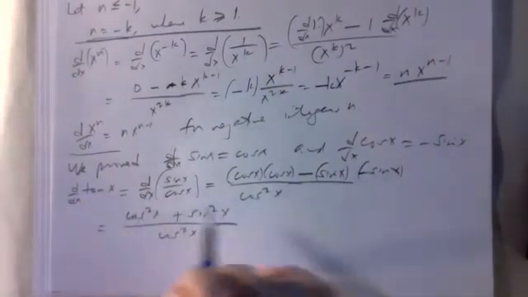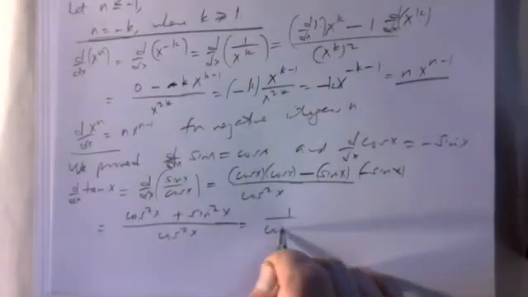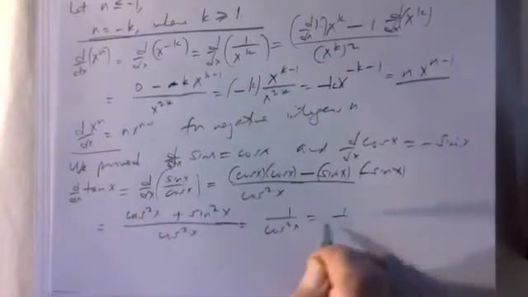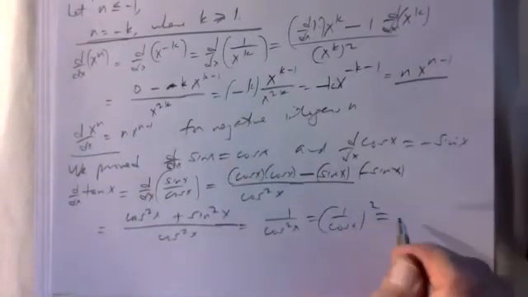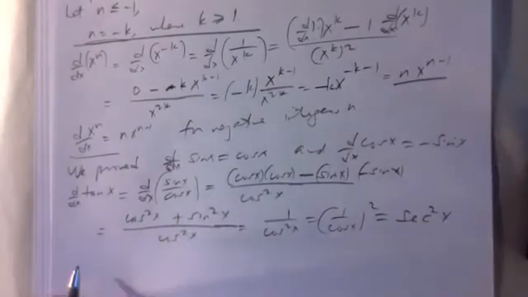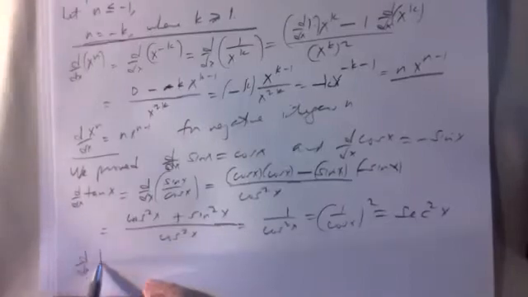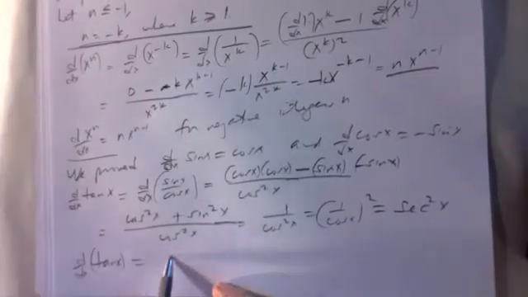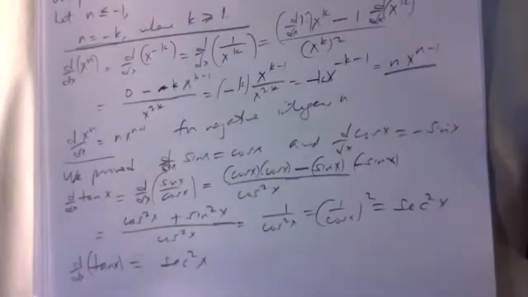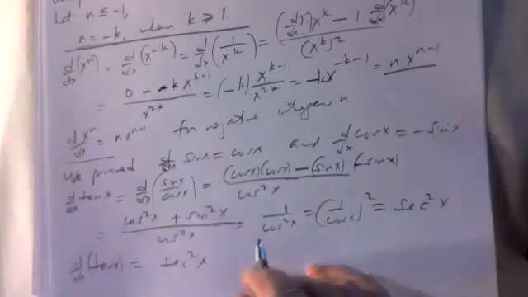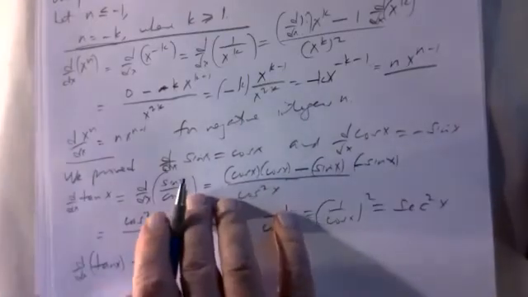You must never forget that for any angle x, cosine squared plus sine squared is 1. So this is 1 over the cosine squared, or 1 over cosine x squared. And another name for 1 over the cosine is the secant. So we have that the derivative of the tangent of x is secant squared x. And we can work out the derivatives of the 3 other trig functions.